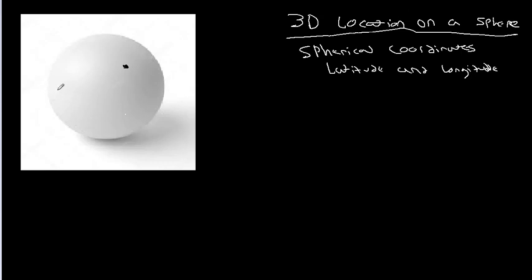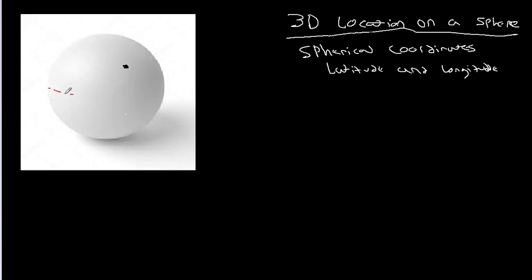So if we look at the sphere, the goal is to divide it into 4 quadrants: north and south, and east and west. For north-south, that's a pretty easy question to answer. Where do we put the line that divides the north from the south? Well, we just pick a line that cuts the sphere at its widest point.